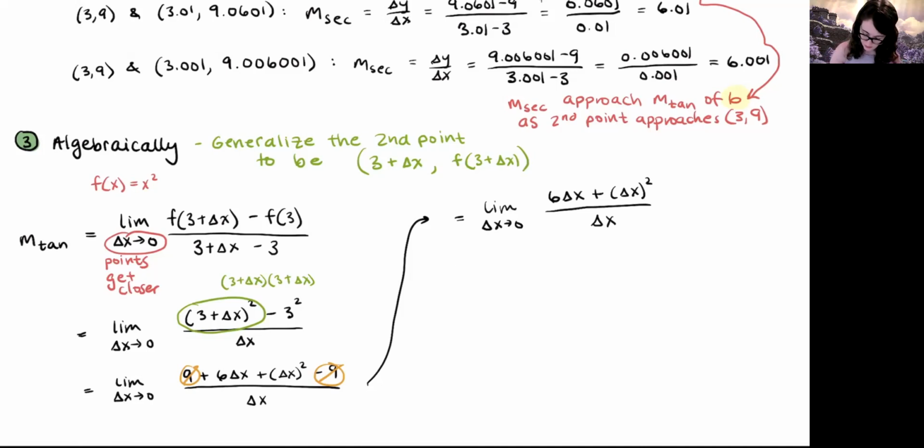So an essential step here, we need to be able to cancel out a delta x with every piece up top. And you can see that more clearly if you are able to factor it out of every term in the numerator. And I think we can. We'll end up with delta x times parentheses 6 plus delta x. Now here we can cancel out the delta x's. They will divide to give us 1.